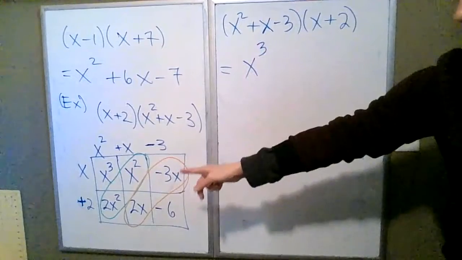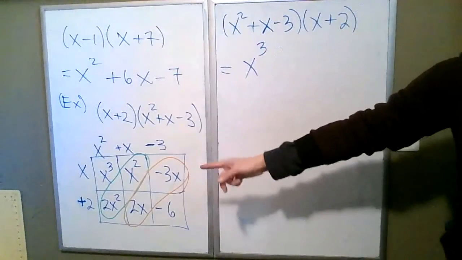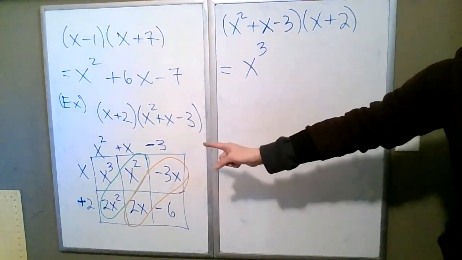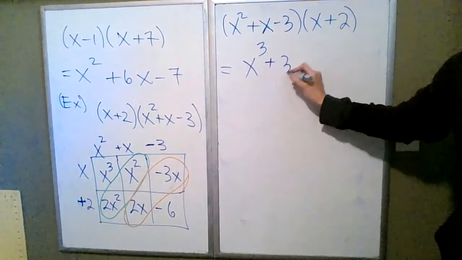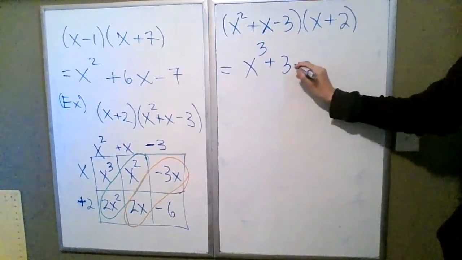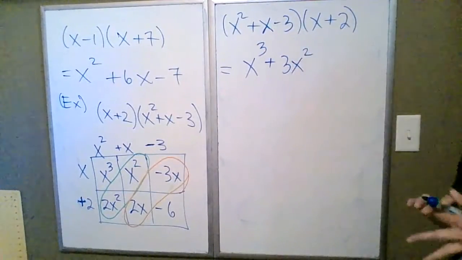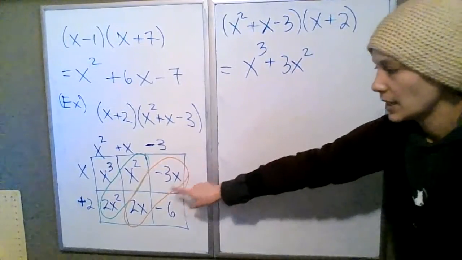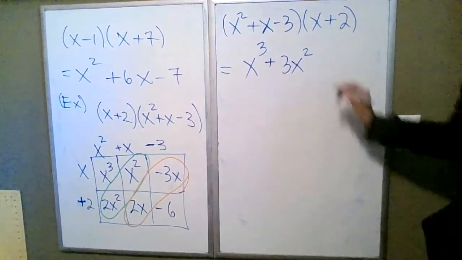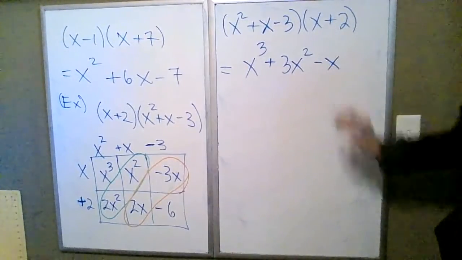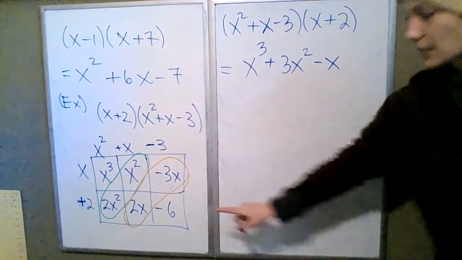And the first pair of like terms, the 2x squared plus x squared would be 3x squared. Negative 3x and a positive 2x would be negative x. And the last part, minus 6.